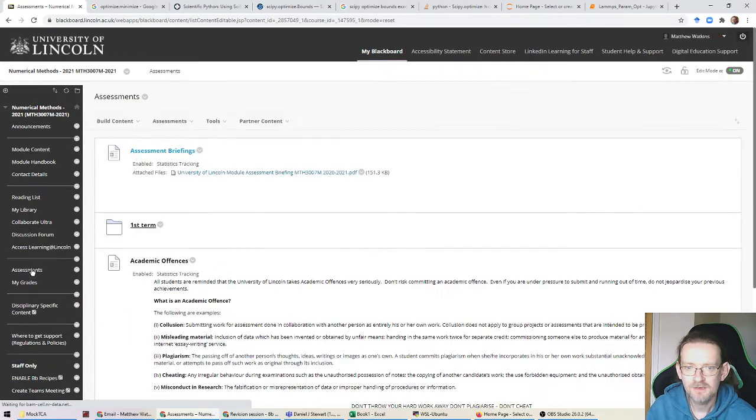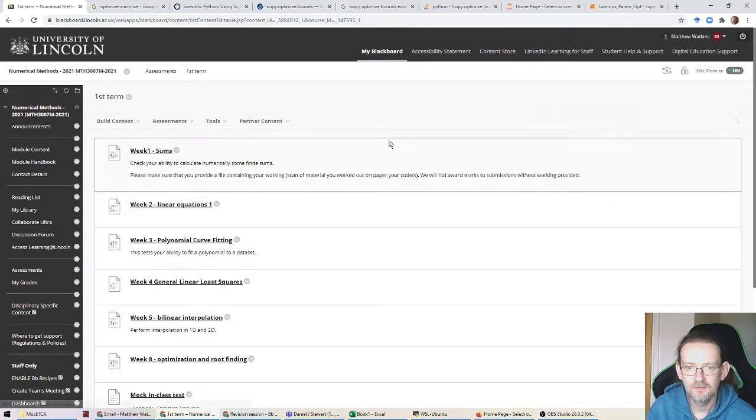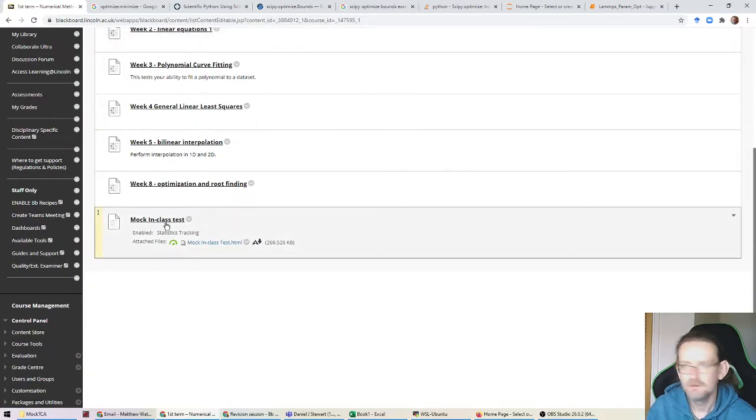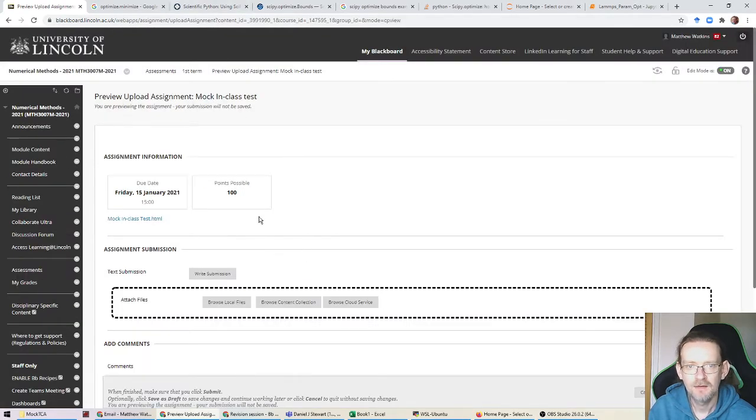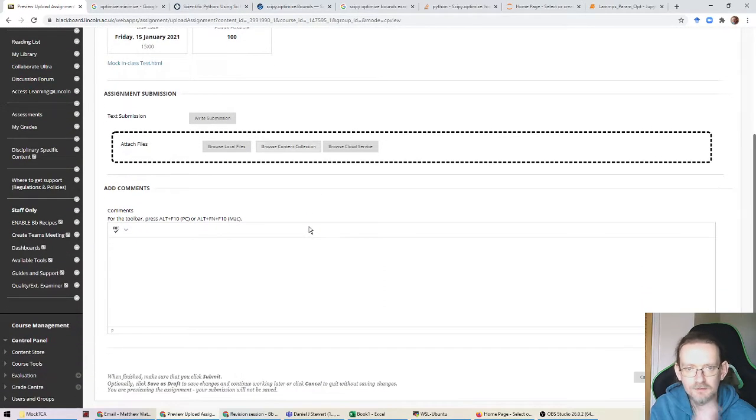If I go to assessments, first term, you can see that there is a mock in-class test. Obviously, it's a mock, so it will not be assessed. It doesn't affect your mark.